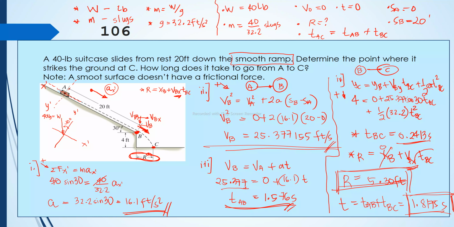After getting our time from B to C, we solve the range. And after getting the range, we got our total time, because we have the time from A to B and the time of travel of the suitcase from B to C. The total time of travel is 1.8175 seconds, and the suitcase landed at point C, which is 5.30 feet from point B. So it's a bit long, but again, we try to simplify things.